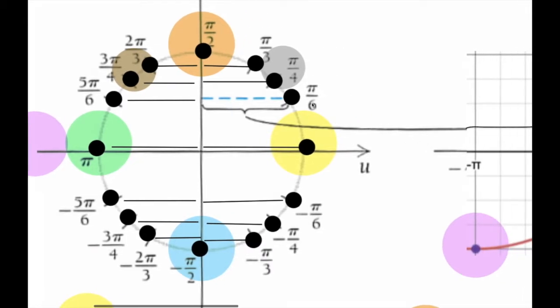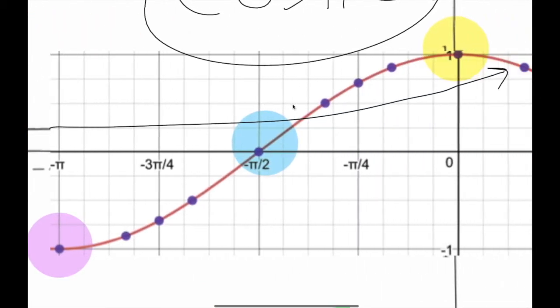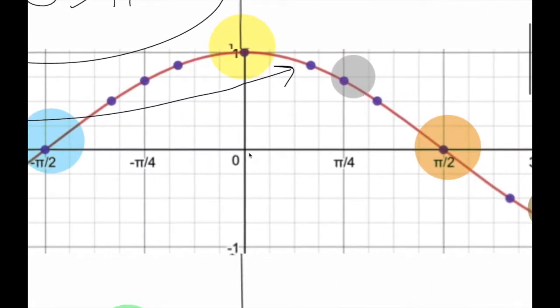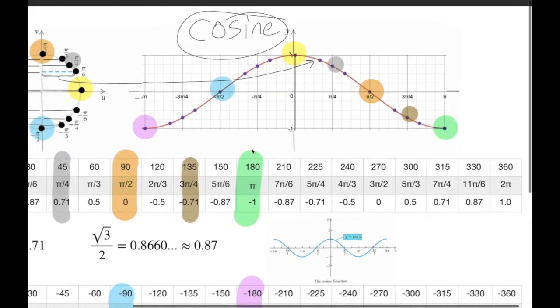If you want to look at that, you can graph these horizontal distances over here. Again, when the unit circle distance is 0, this is cosine.